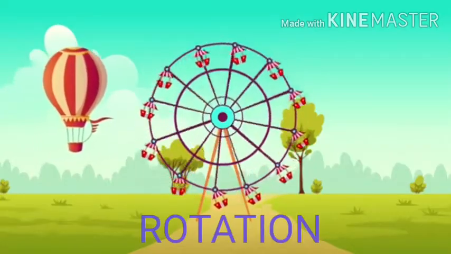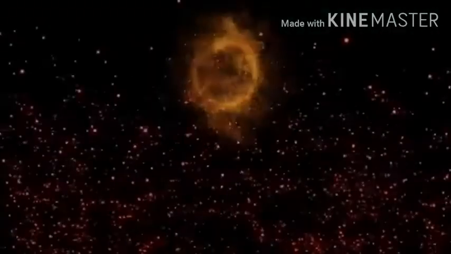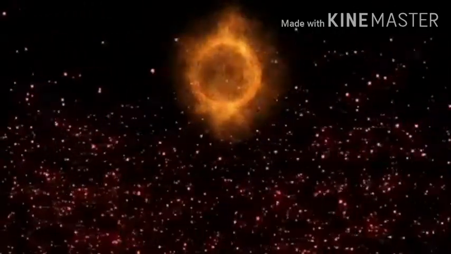So, yesterday you saw two videos related to rotation and revolution. So, you have some idea now about the rotation and revolution. Today I will discuss the rotation of the earth in detail.